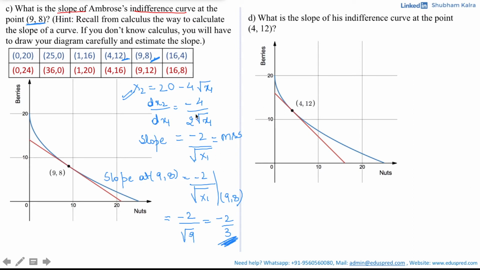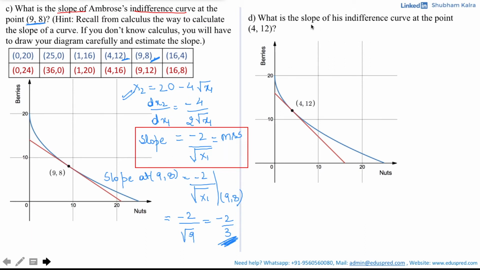Note that in part C, we calculated the general form for the slope of the indifference curve having the equation x2 equals 20 minus 4 square root of x1. That is, the slope is equal to minus 2 divided by square root of x1, which is your MRS. Since the point 4, 12 lies on this blue graph, it will have this equation, x2 equals 20 minus 4 square root of x1, and it will have this slope which we just calculated.